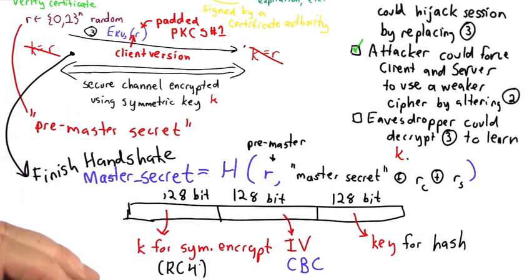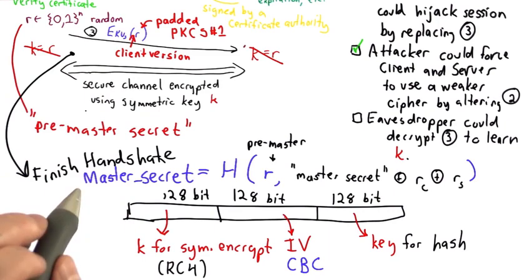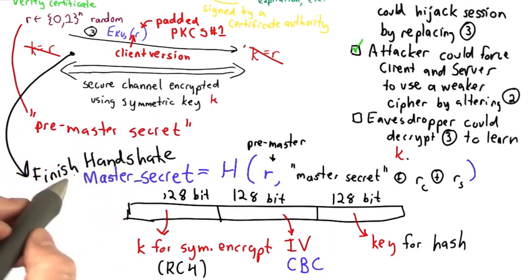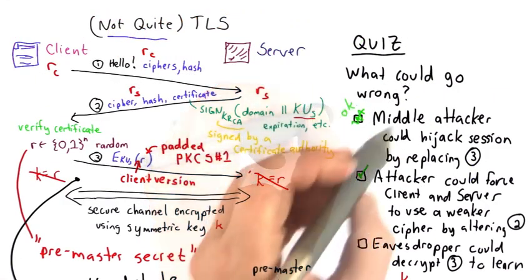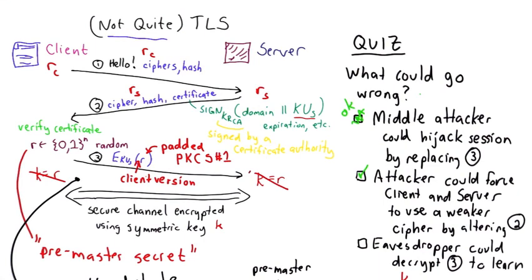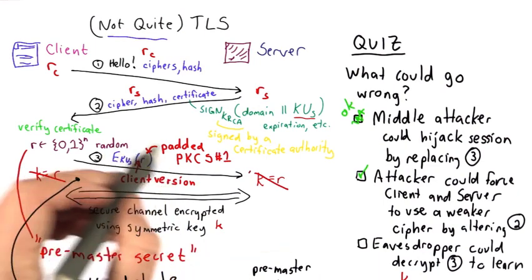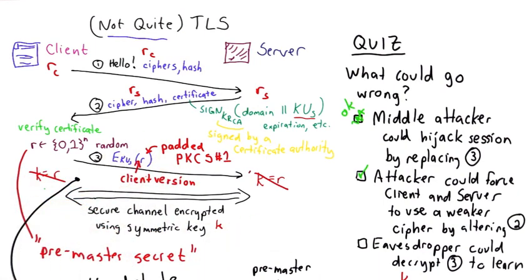The handshake would never be finished, and there would never be any secure communication sent using that key, because both parties verify the handshake before continuing. So this fixes the first problem. Now there's no way for the middle attacker to hijack the session. If they tamper with this message, it will be detected when the handshake finish is done using a key that depended on all these values.